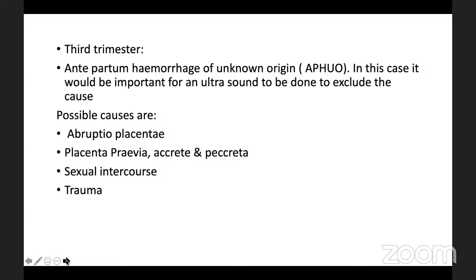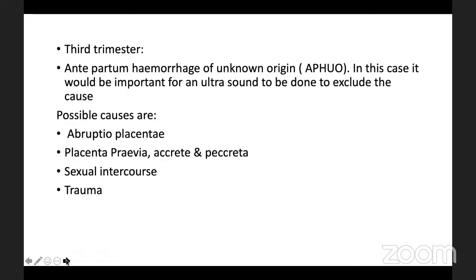In that case, depending on how much the patient is bleeding, if it's not a flood and it's just spotting, then you don't need to do anything on this patient if by ultrasound and NST, everything is under control, but you admit the patient to observe until the bleeding has stopped.